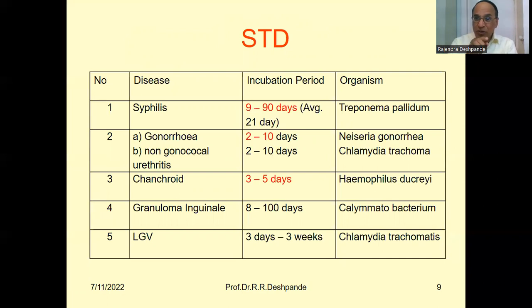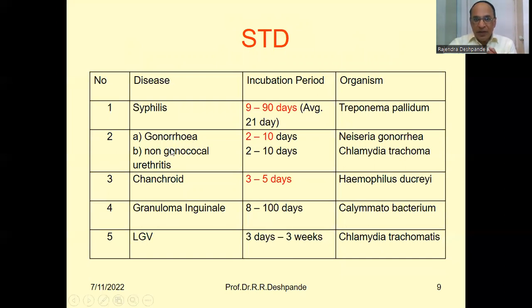So the incubation period is too long, and the patient may forget the history of exposure that caused this ulcer. The organism is Treponema pallidum. This is always MCQ important. Both things are very important for students when they get multiple choice questions.